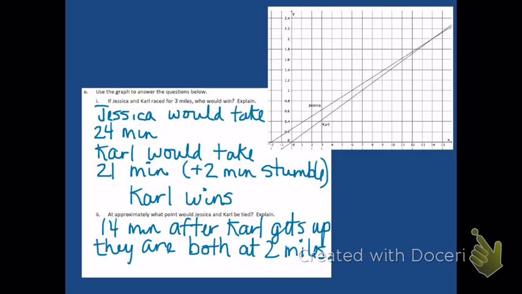It kind of makes sense because think about it. If she goes 1 mile in 8 minutes, she's actually been traveling 16 minutes when he's been gone for 14 minutes. Jessica's been running for 16, so that's 2 miles for both of them. Okay, I think these are challenging problems.